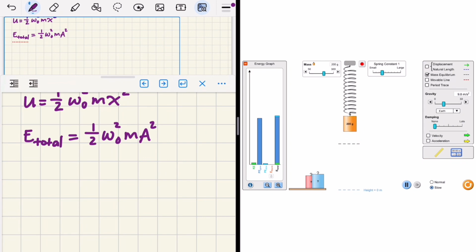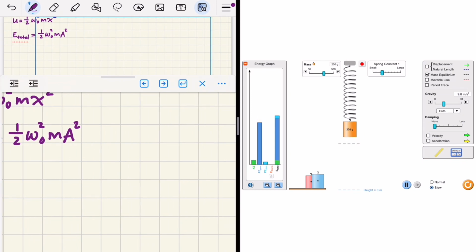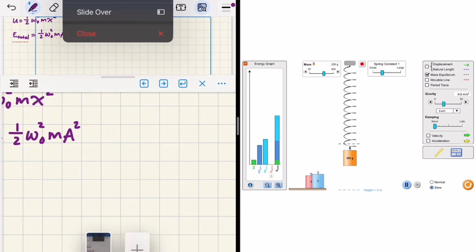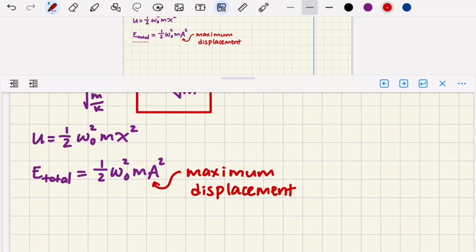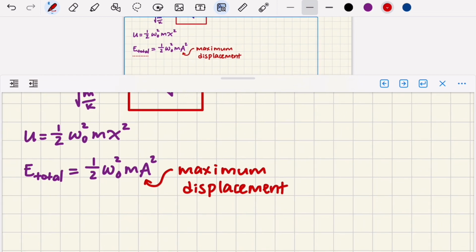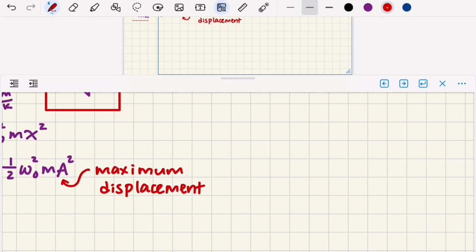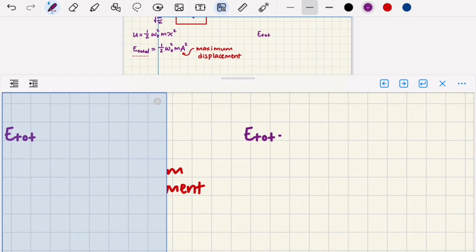Again, so we don't forget, let's say this is the maximum displacement. Okay, now what do we do? Well, we can apply conservation of energy, because the total energy is simply the kinetic energy of the particle plus the potential energy of the particle, which will look as follows.